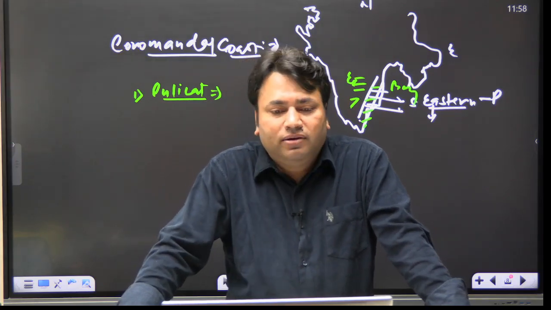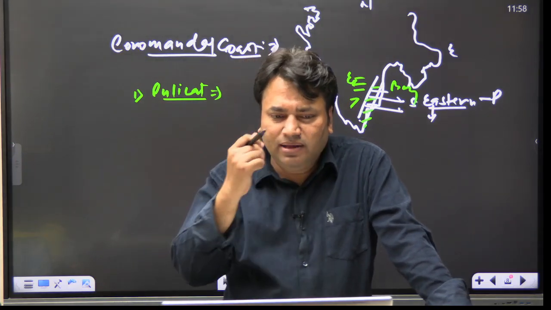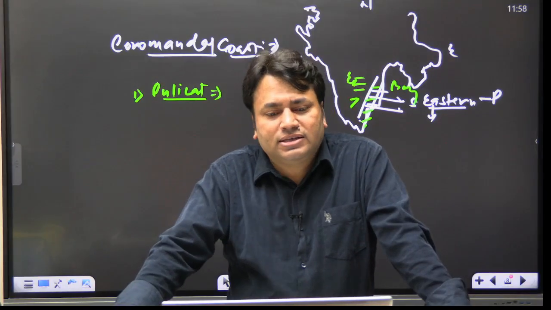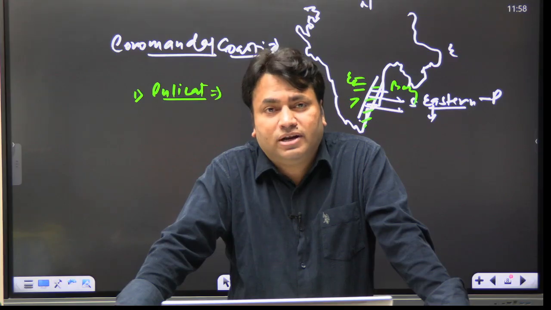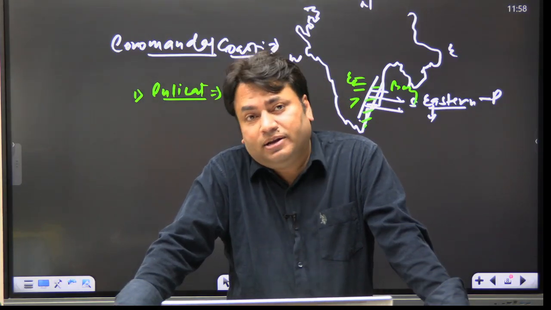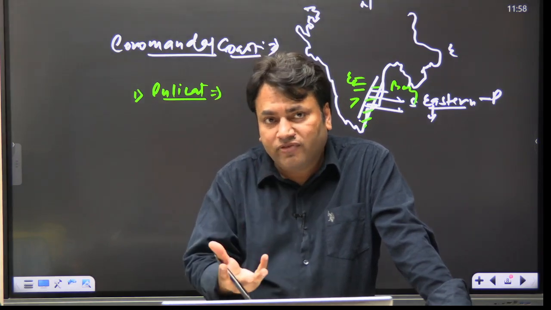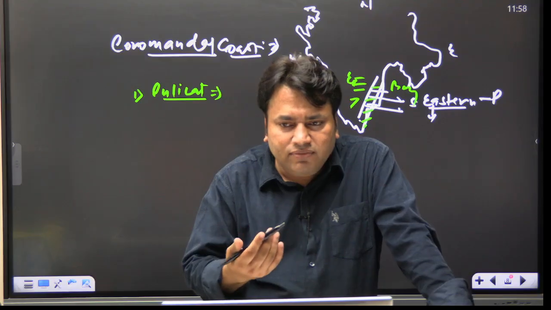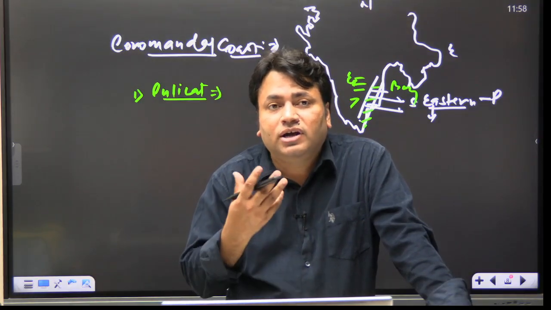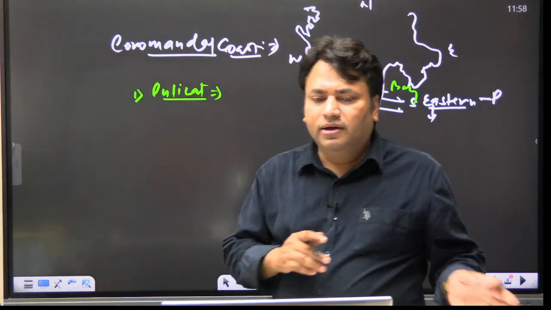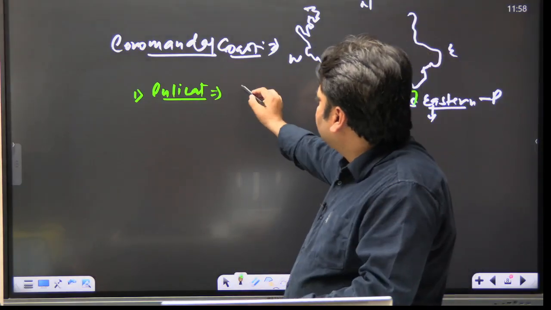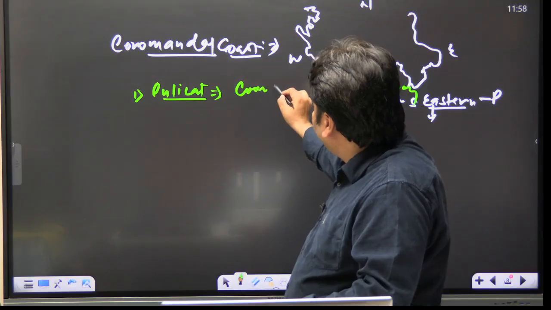One name I discussed with you in the last class was Masulipatanam or Machlipatanam, which was the first factory, the early trading post of the Dutch. But Pulicat was the Coromandel coast headquarter.